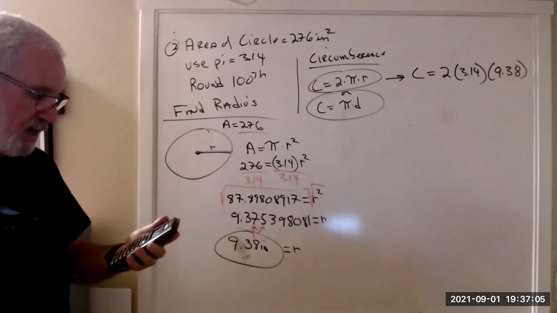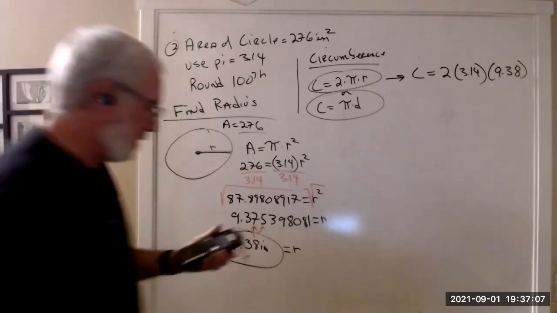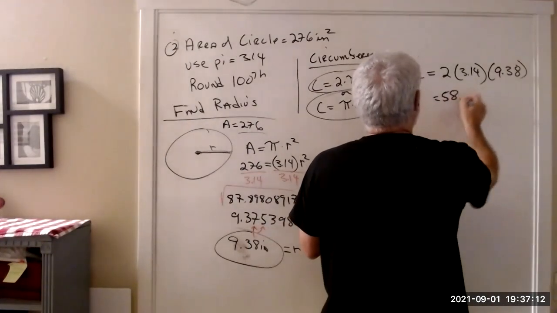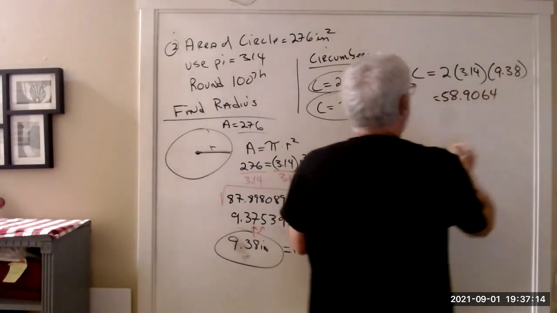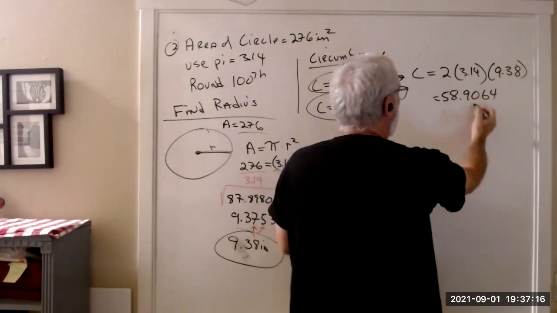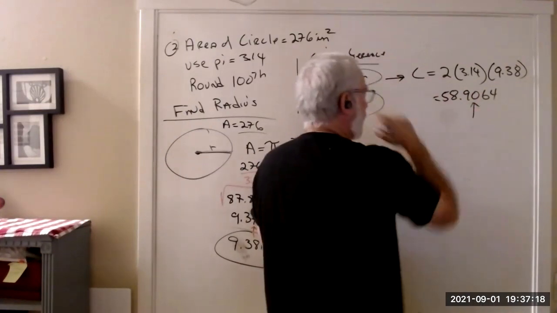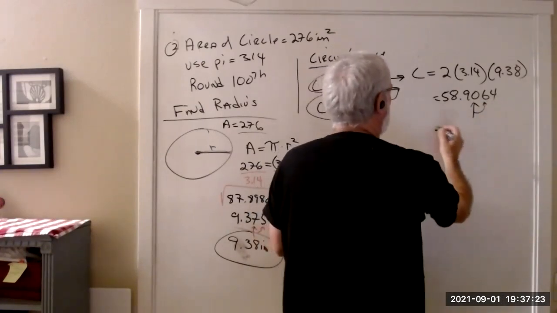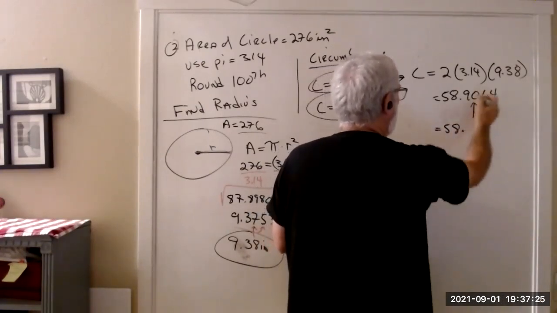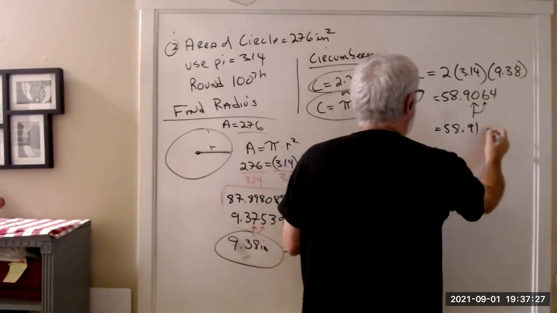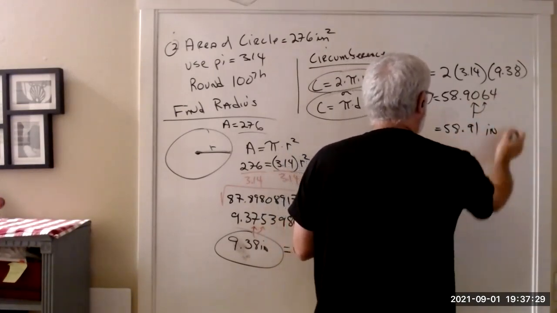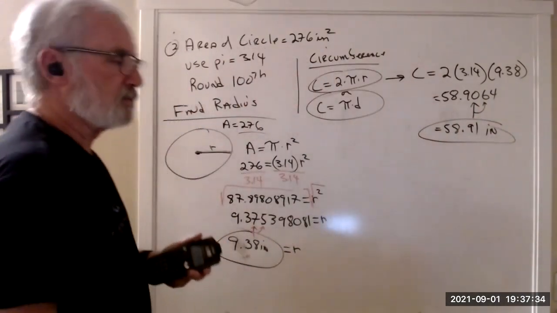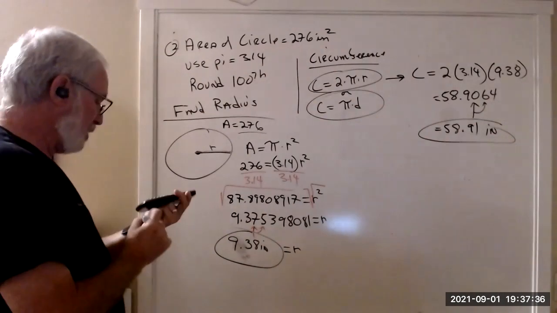And I get 58.9064. But if I round that to the nearest hundredth also, that's in the hundredth place. So I look at the 6, it kicks it up. So 58 point, that rounds to 91, and this is inches. Circumference is that inches. That was number 2.